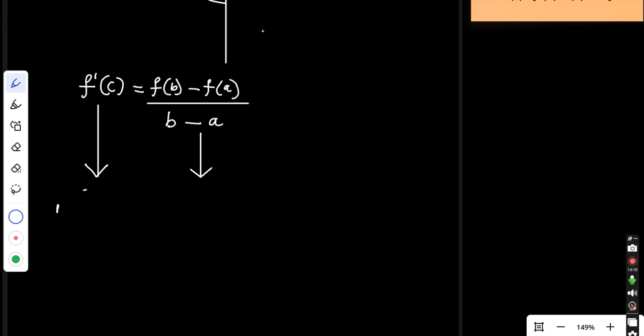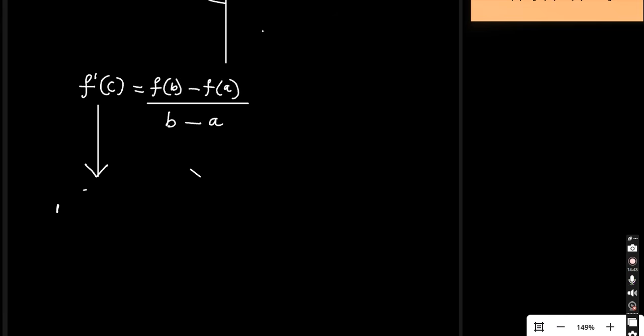Proceeding, we are going to implement this formula in solving some problems.